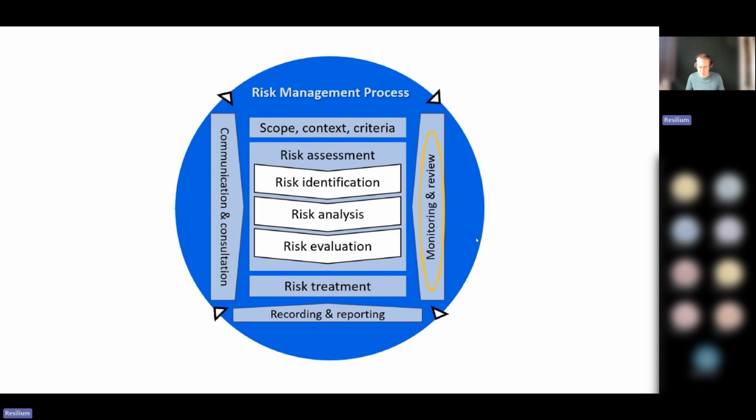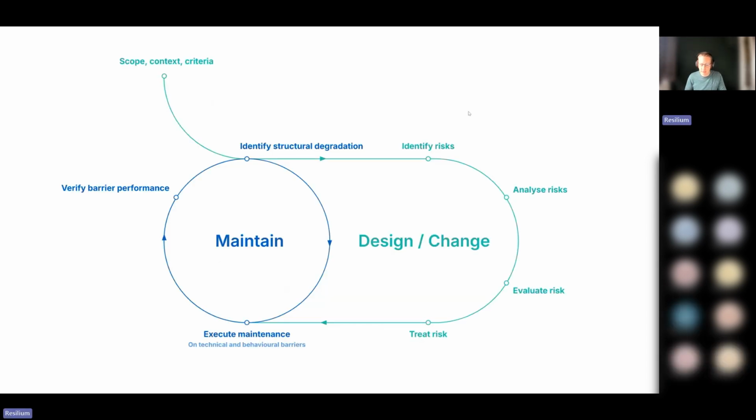So what I've done is I've taken the content of this and visualized it in a slightly different way, like this, and I'll walk you through why this is nice to look at. The content of ISO 31000 is still there.